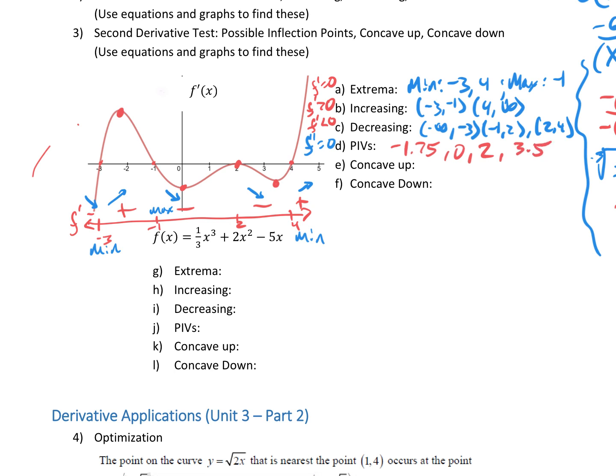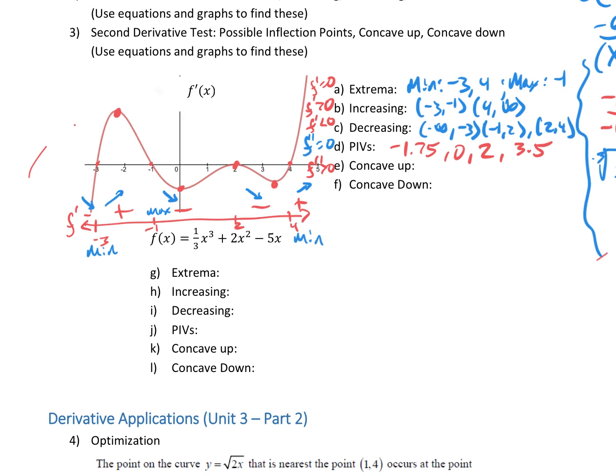So it's concave up when f double prime is greater than 0. So that means we have positive slope. I'm looking at the slope here. Where do we have positive slope? Well, we have positive slope from -infinity to -1.75. Then we have negative slope here. So while we're at it, I'm going to come down here. Concave down is negative slope, -1.75 to 0.